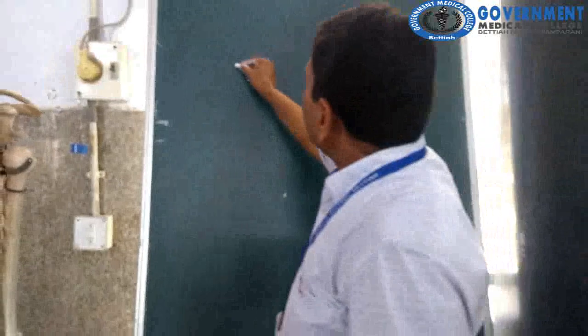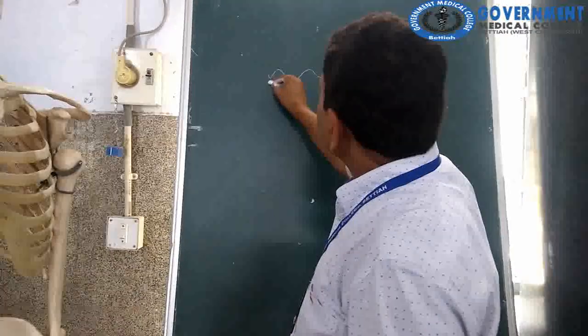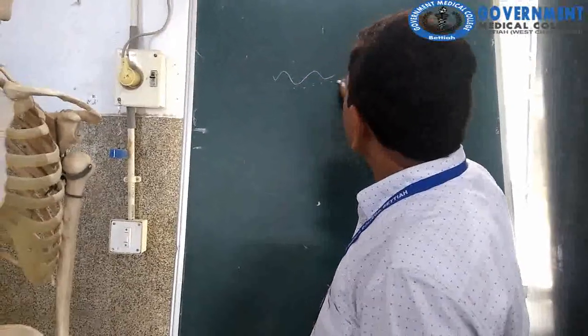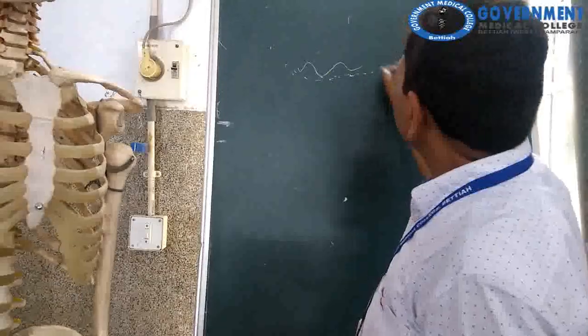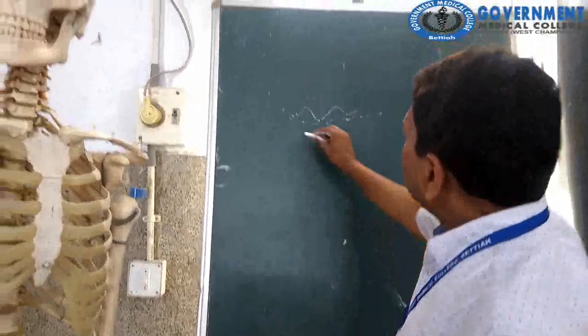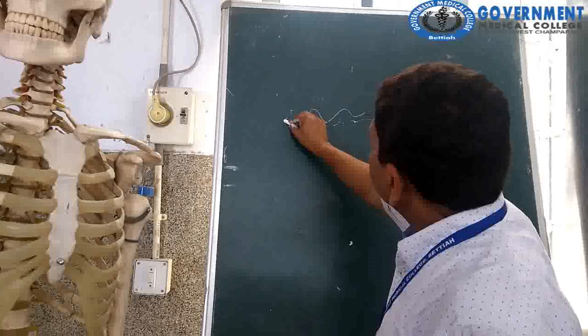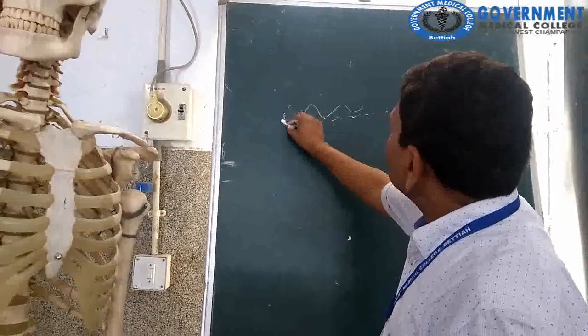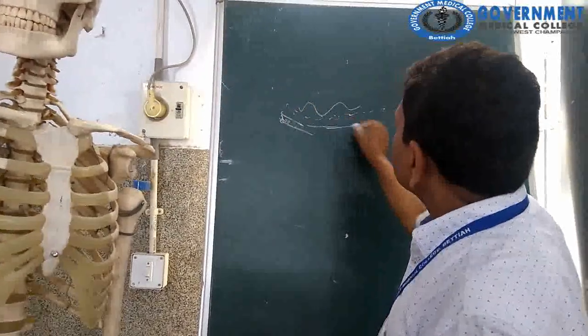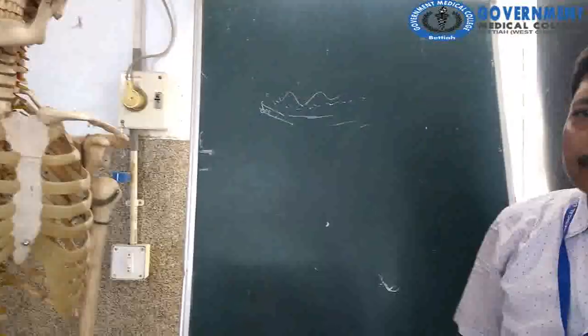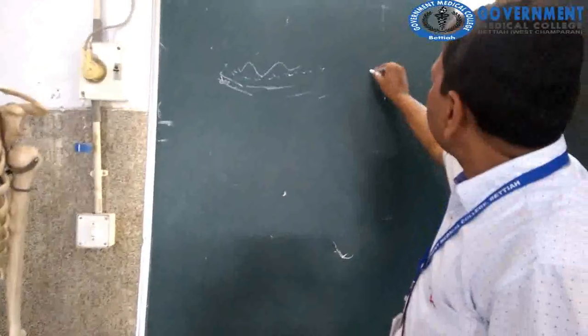Submucosa. Outside the mucosa is loose connective tissue. This is called submucosa. And just beyond the submucosa, there is the muscular coat or muscular layer. In the case of the stomach, the muscular layer has three parts.